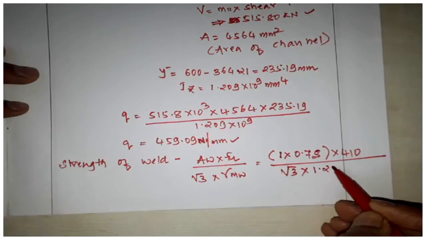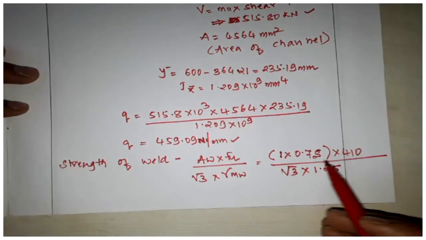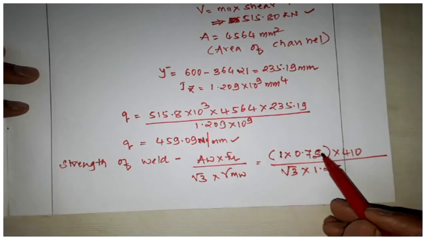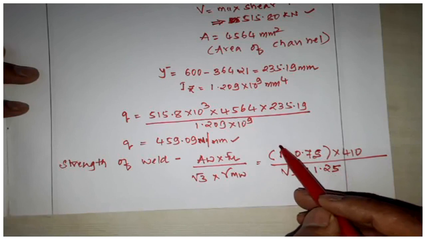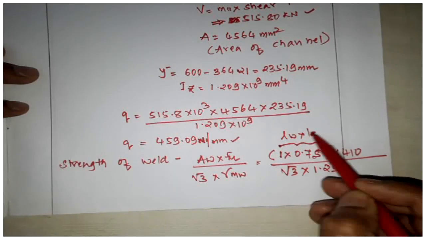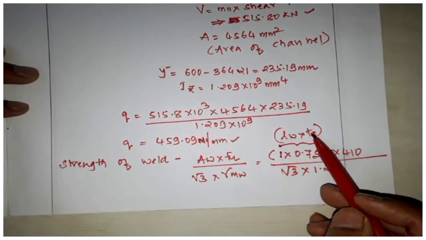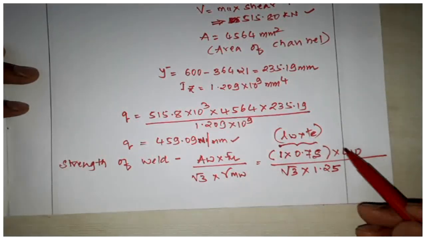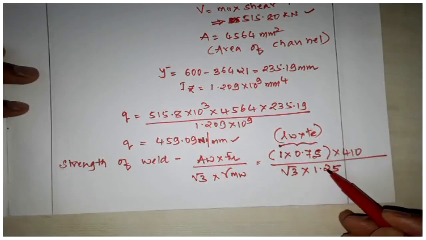Since it is shop welding, I'll take it as 1.25, and 1 into 0.7 S per mm length, LW into TE. So this is nothing but LW into TE, length of weld into throat thickness, 0.7 into S into FU 410 divided by root 3 into gamma MW.